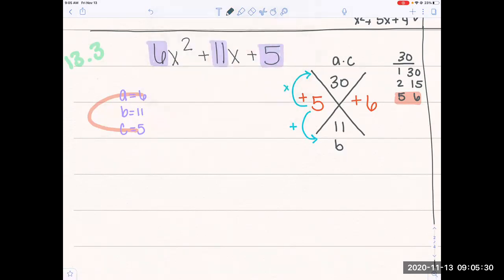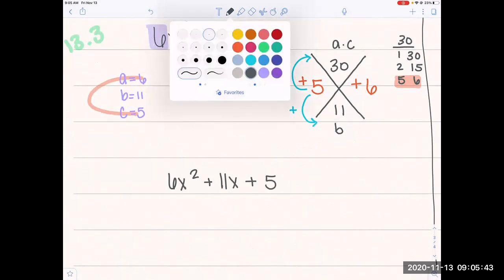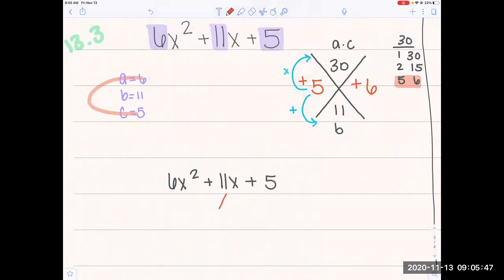Now this one was where we couldn't really go straight to the shortcut. We had to go through factor by grouping. So I'm going to rewrite the problem so that I have more space. Where there was an 11x, I'm going to replace 11x with 5x and 6x.